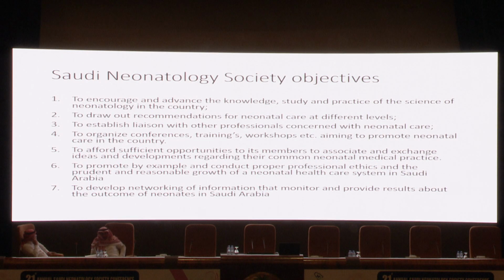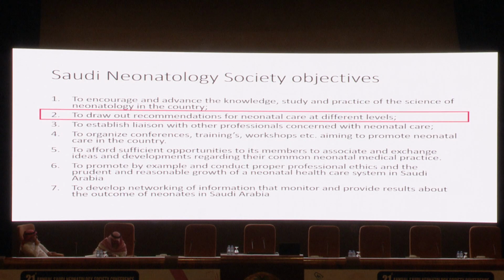Initially, we considered a lot of objectives in the Saudi Neonatology Society. We have 7 objectives since the society started a long time ago, and we read in between that our objective is to draw out recommendations for neonatal care at different levels.